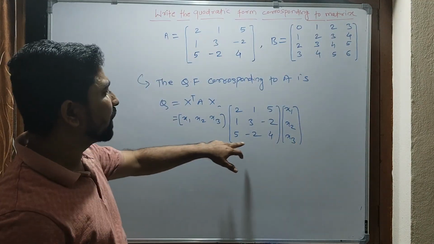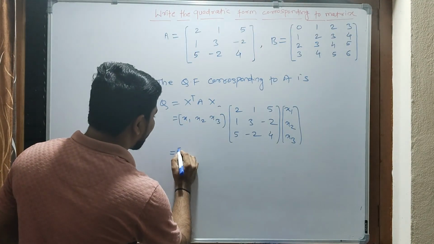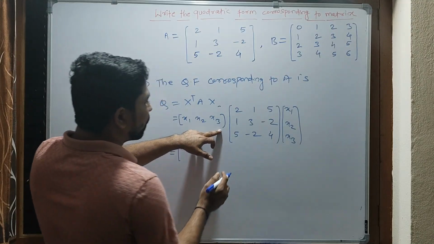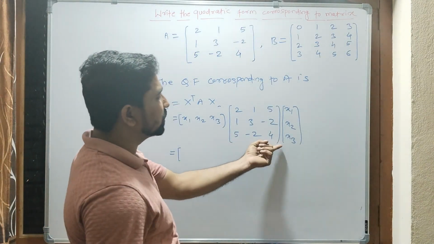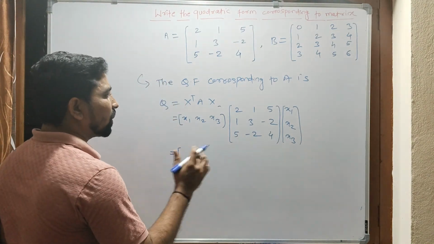First multiply the first two matrices, first row with first column. This is a matrix of order 1 cross 3 and this is a matrix of order 3 cross 3, so the resultant matrix is 1 cross 3 again.